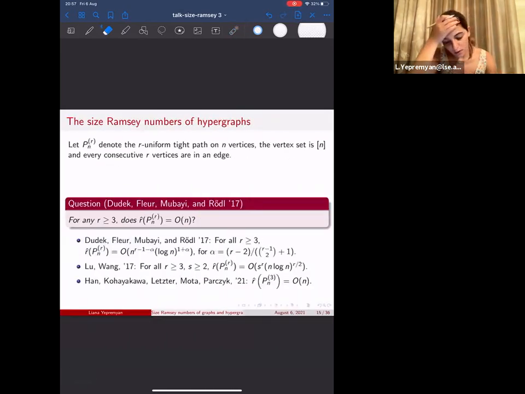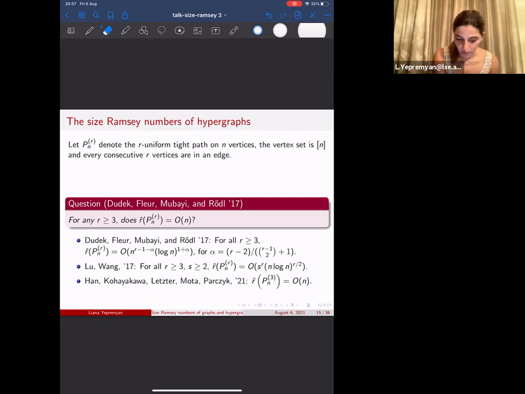Now, our recent work mostly comes from the perspective of hypergraphs. Before starting our work, there was a paper by Dudek, La Fleur, Mubayi, and Rödl from 2017, where they considered size Ramsey numbers of hypergraphs.